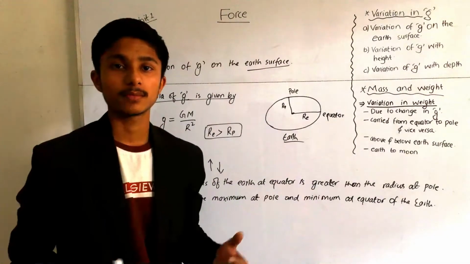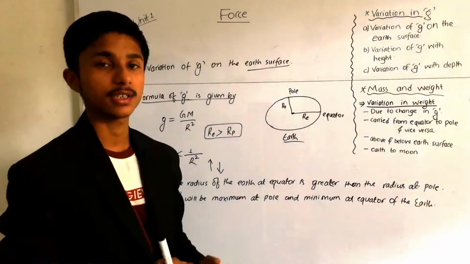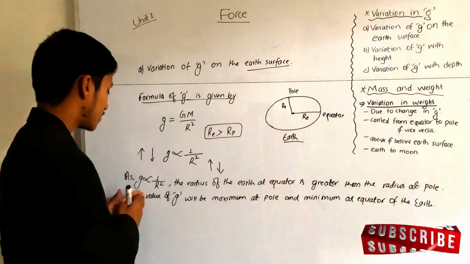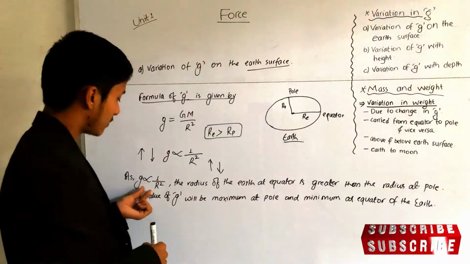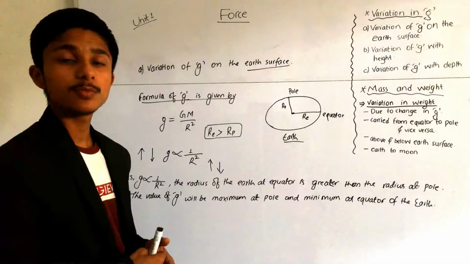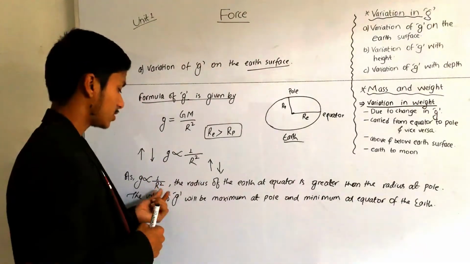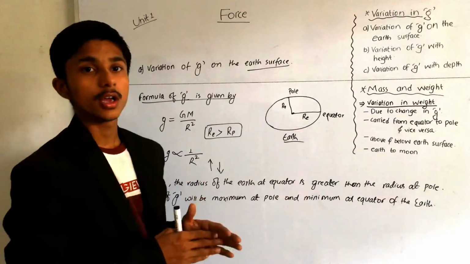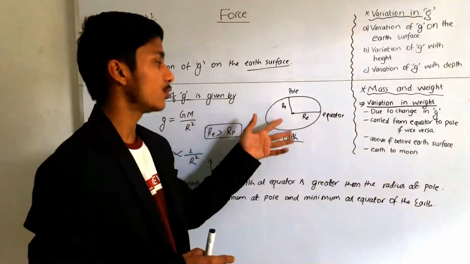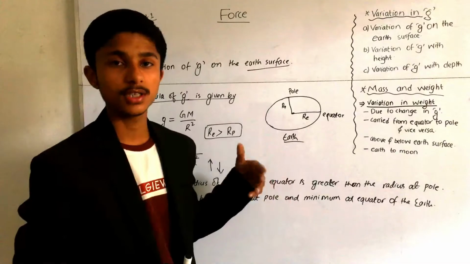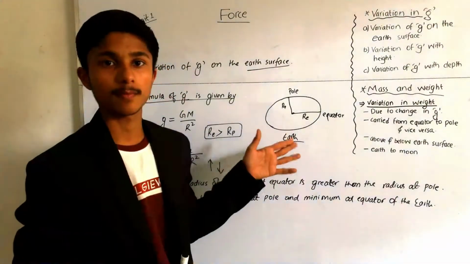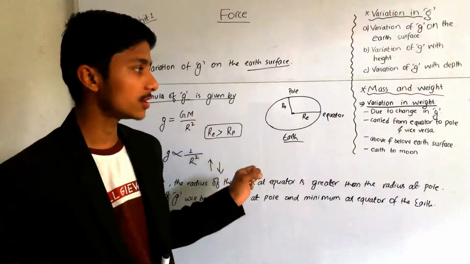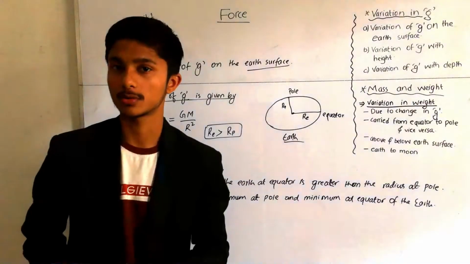Why? Can you give the answer? As we know, acceleration due to gravity is inversely proportional to the radius of the earth. So we know the radius of the earth at the pole is less, so the value of acceleration due to gravity will be more.